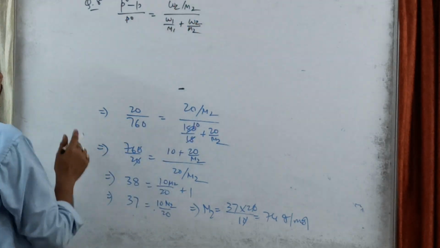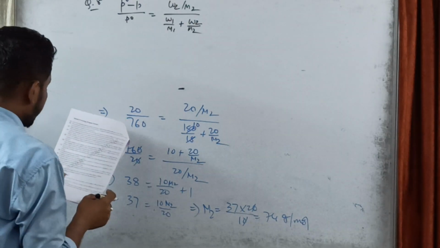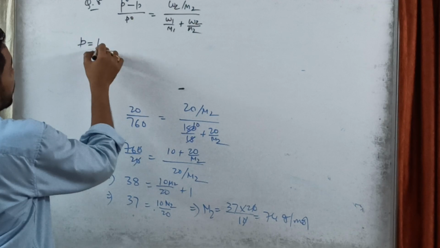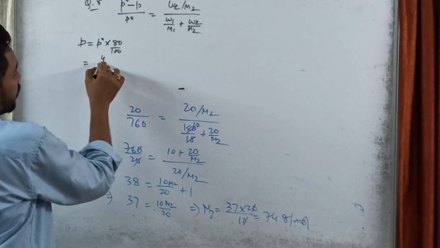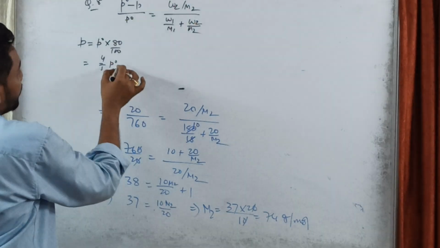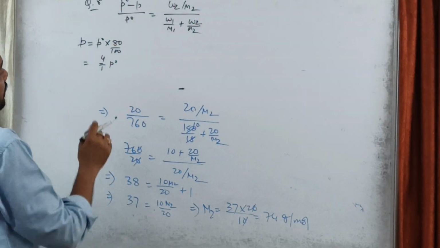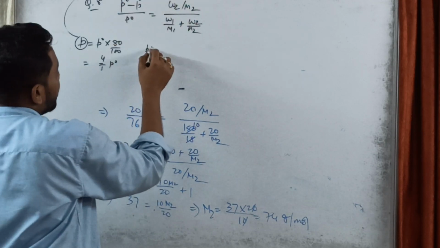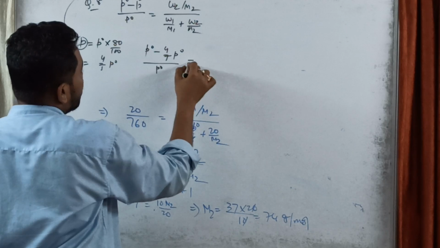Now it is said the vapor pressure of the solution is reduced to 80%. Then you can write P equals P0 into 80 by 100, so that is 4 by 5 P0. Please concentrate. If you put this P value over here, that is P0 minus 4 by 5 P0 by P0.